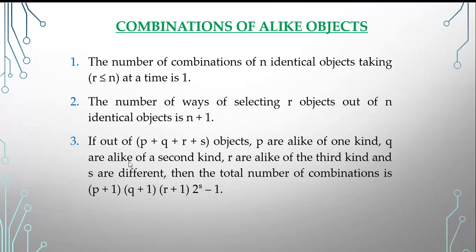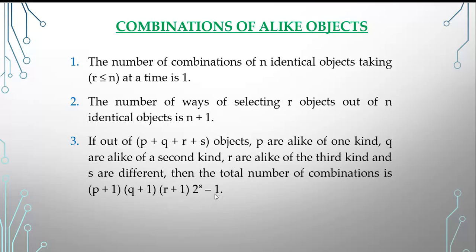Suppose we have p plus q plus r plus s objects, in which p are alike of one kind, q are alike of a second kind, r are alike of a third kind, and s are different objects. Then the total number of combinations is (p plus 1) multiplied by (q plus 1) multiplied by (r plus 1) multiplied by 2 raised to the power s, minus 1.